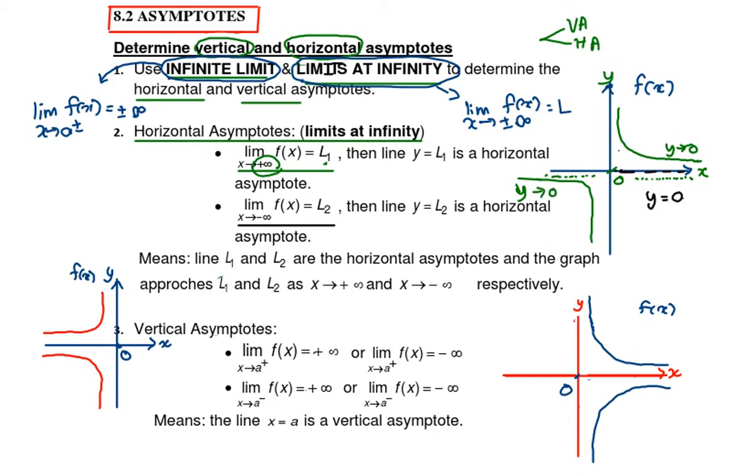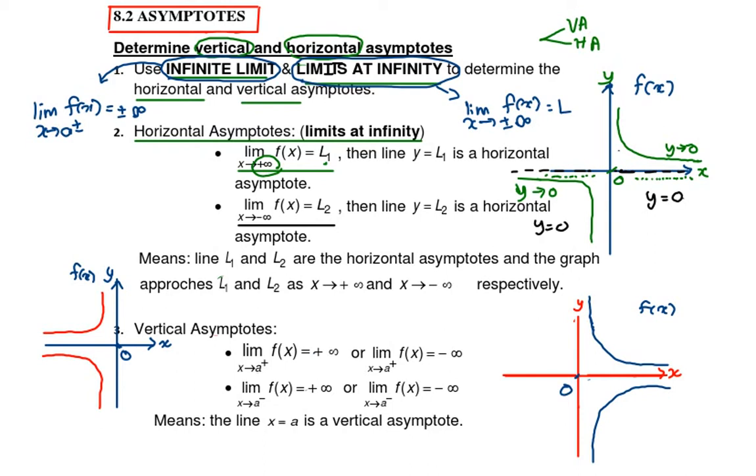So the line y equals 0 is a horizontal asymptote.